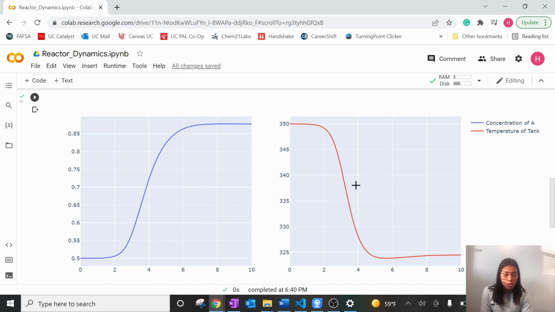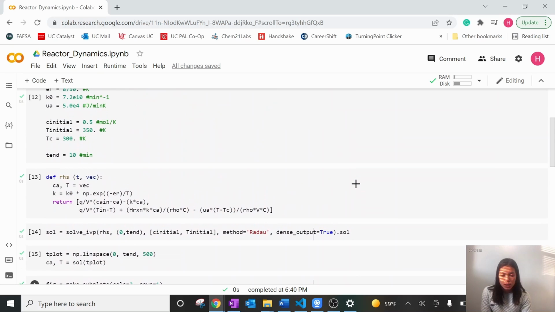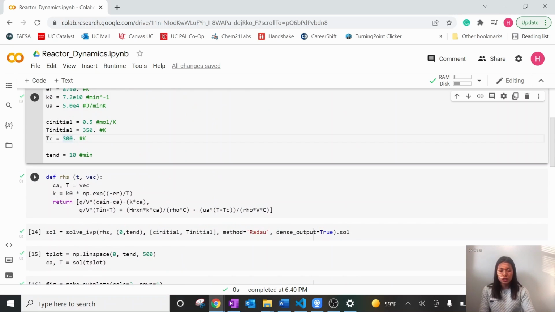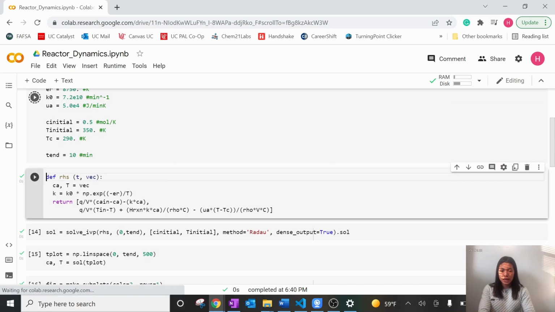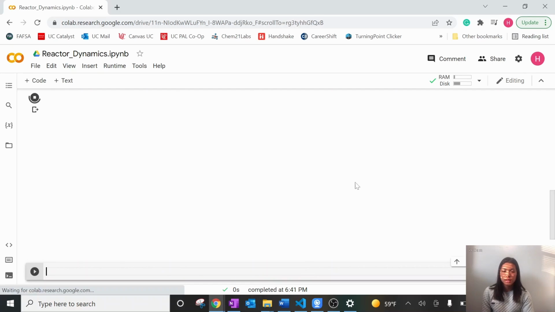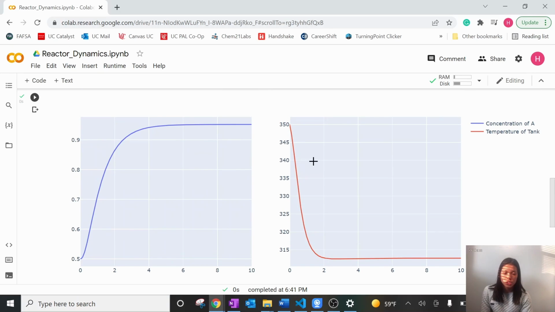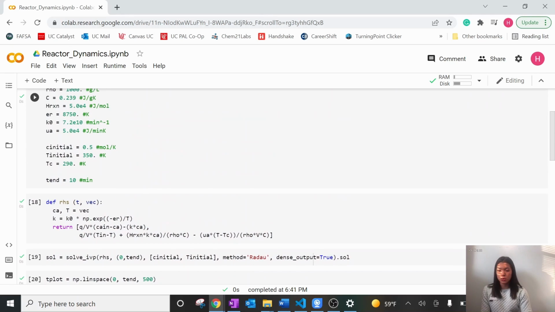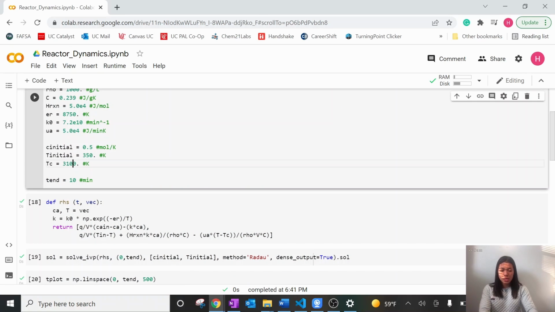And so what we want to do is change the temperature to 290 and see how that affects our simulation. And then we can also change the coolant temperature to 310.